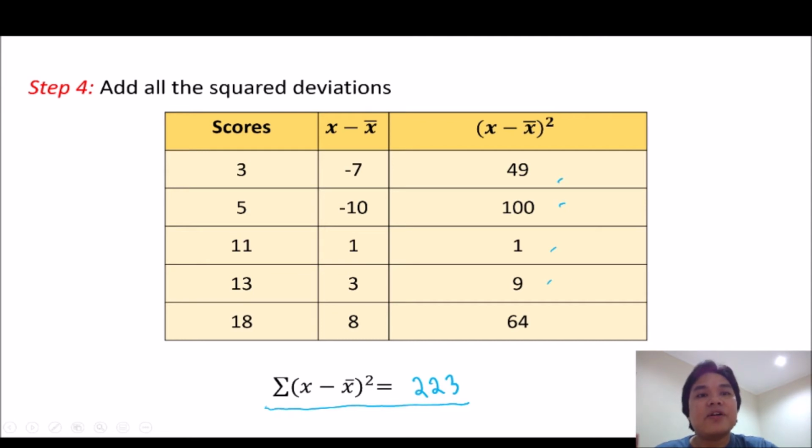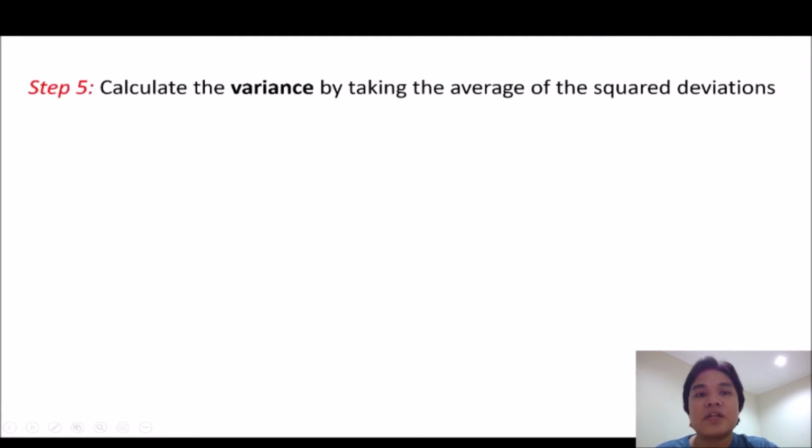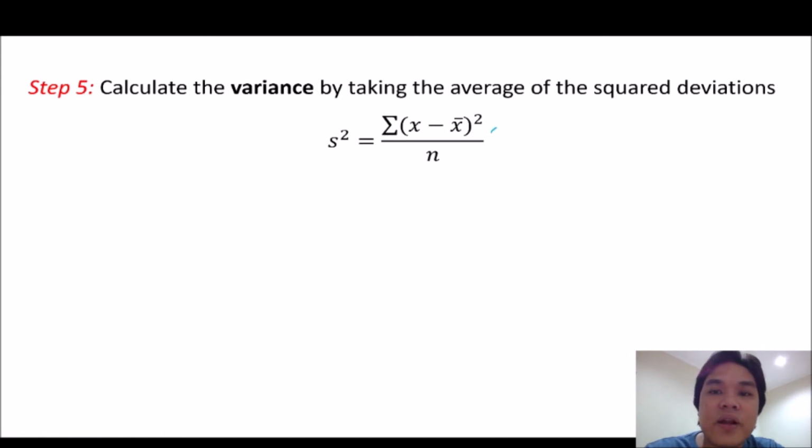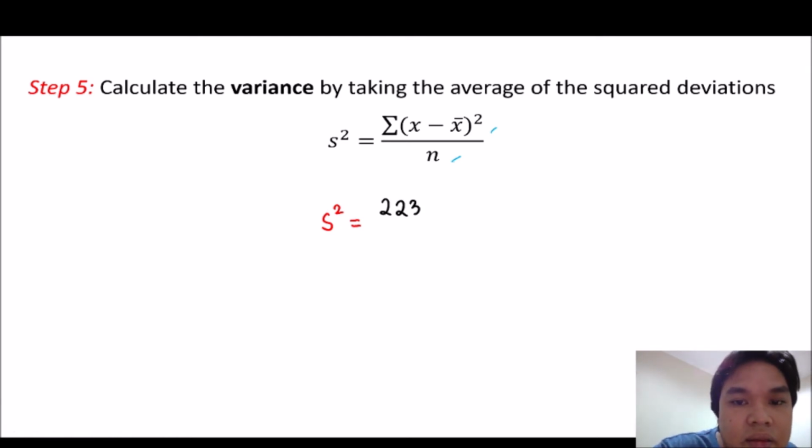After you add all the squared deviations, it is now easy to compute the variance. We will just use the formula. Plugging in the sum of all the squared deviations and the total number of scores, we can easily calculate the variance. So the summation of x minus x bar squared is 223, divided by the total number of scores, which is 5.